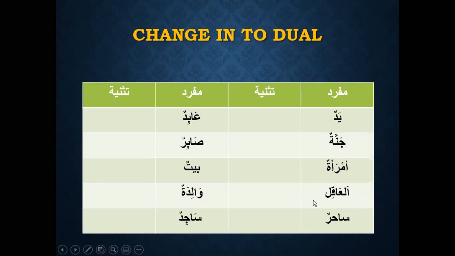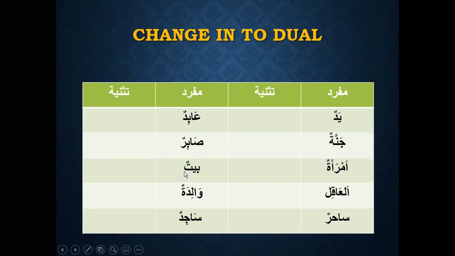Al-aqilu, al-aqilani. Sahirun, a magician, sahirani. Abidun, a worshipper, abidani. Sabirun, someone who is very patient, someone who perseveres, the one who does sabr.